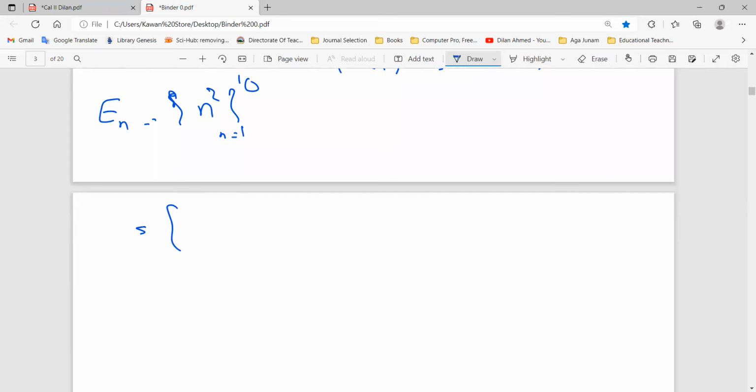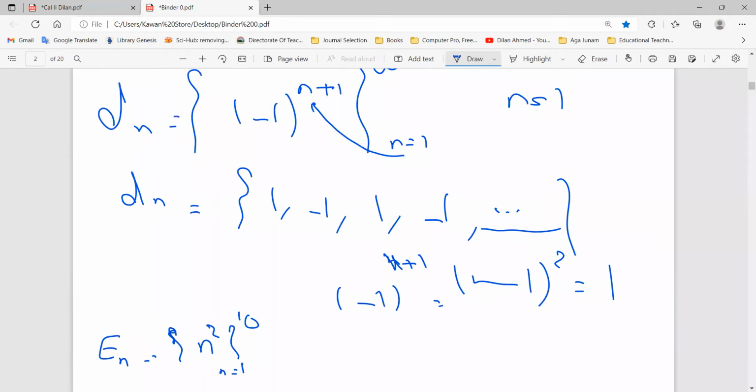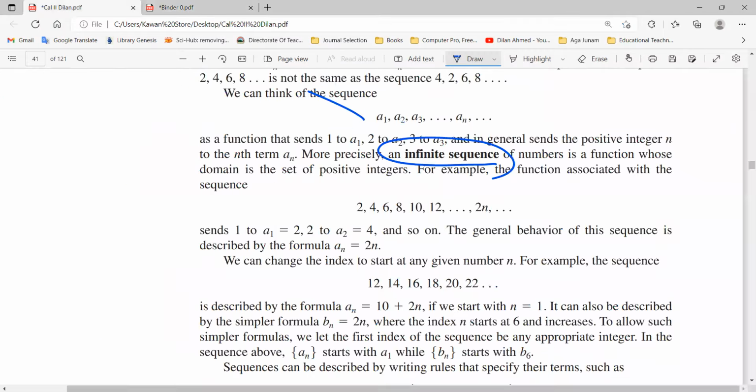We say it is equal to 1, 4, 9 till 100, right? So this is the finite sequence. Why finite? Because we have, for example, 10 terms, a million terms, 2 terms, okay? This is finite. When we say n approaches infinity, you know that one is an infinite number of terms. That's all we need to know about.